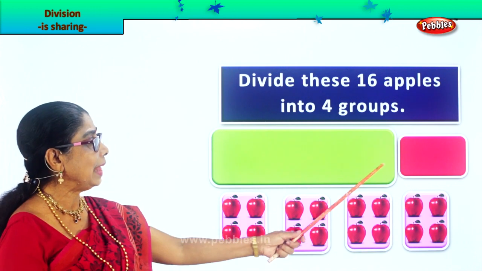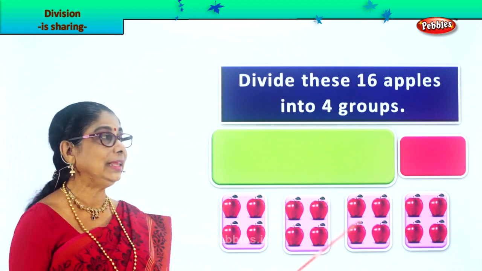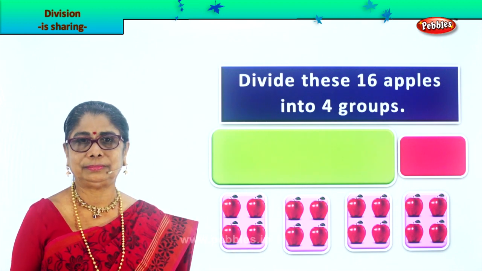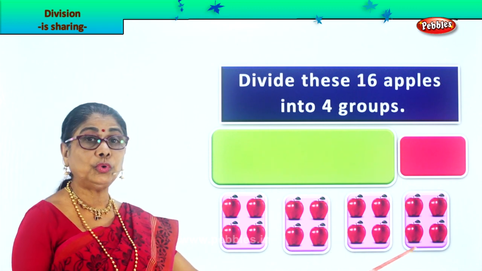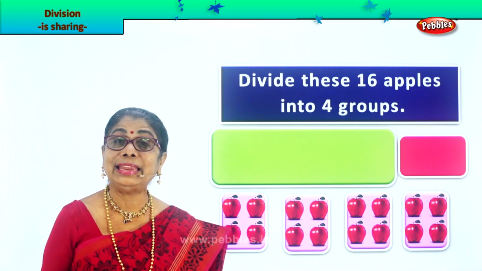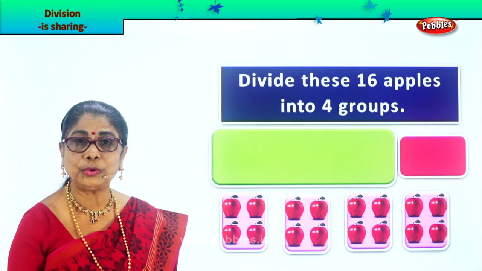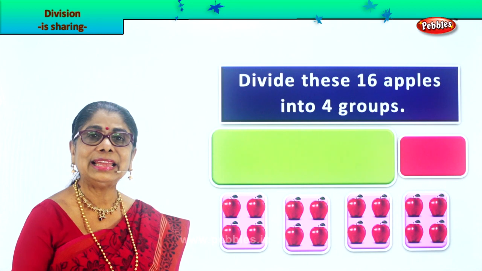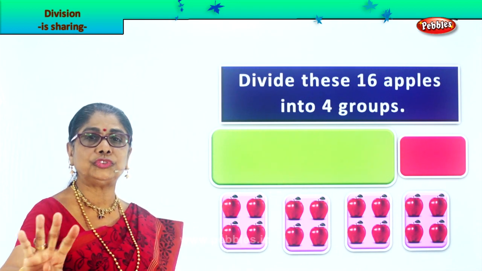We had 16 apples and 4 trays. We have divided it equally because nothing is left here. 16 apples divided between 4 trays, and each tray has 4 apples. So when you write the sum, you write 16 divided by 4 is equal to 4 is your answer.